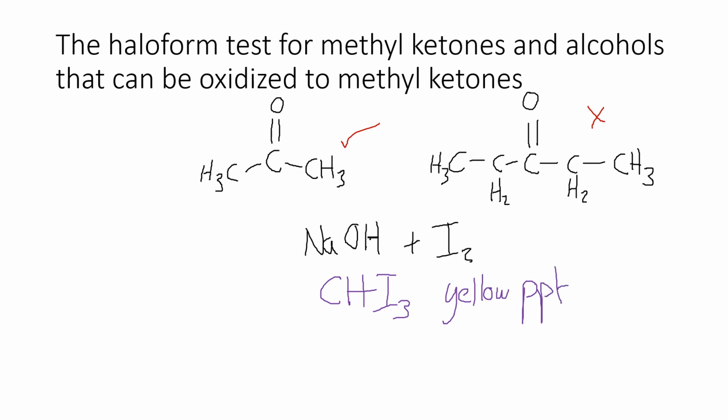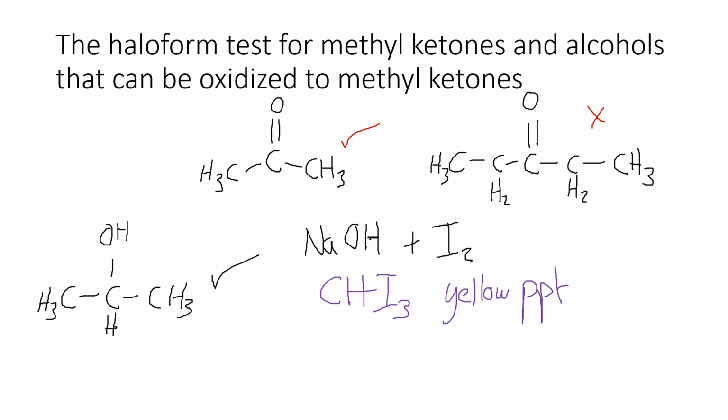This does not just work for methyl ketones, it will work for alcohols, which when they're oxidized become methyl ketones. So for instance, just to give one very quick example, if you had propan-2-ol, if you oxidize propan-2-ol, you form propanone, and therefore this will give a positive test for this as well, because when it's oxidized, which will happen under these conditions, you'll form a methyl ketone, and therefore it gives a positive result.